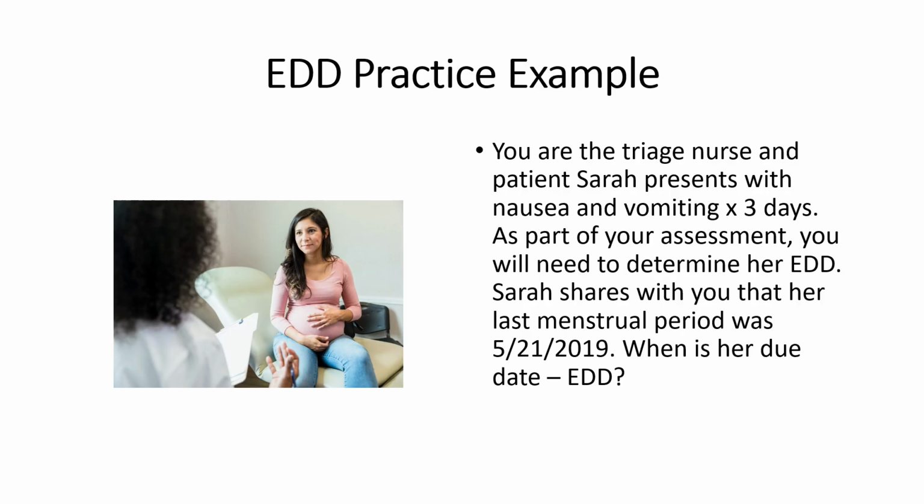So if you are the triage nurse, let's do this practice. We're going to do an EDD practice. You are the triage nurse, and patient Sarah presents with nausea and vomiting times 3 days. As part of your assessment, you will need to determine her EDD. Sarah shares with you that her last menstrual period was on May 21st, 2019. When is her due date for this pregnancy?